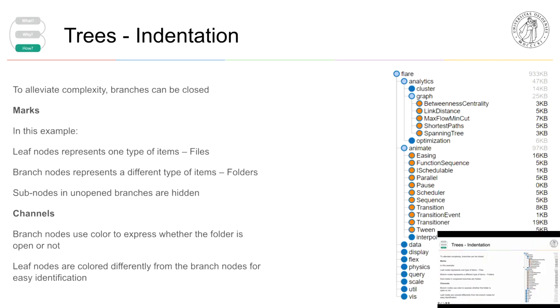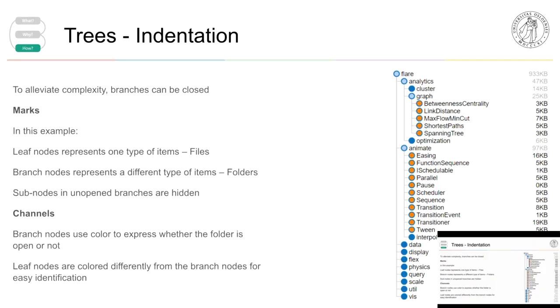And here they are using some different channels, right? They are using color to express whether the folder is open or not. So these light blue nodes are open folders. These dark blue nodes are closed folders. And then these orange nodes are the files.